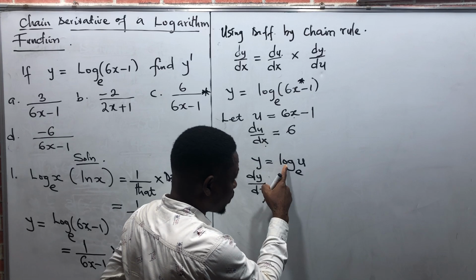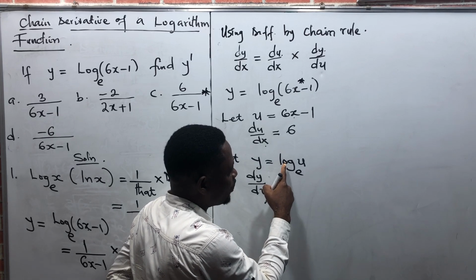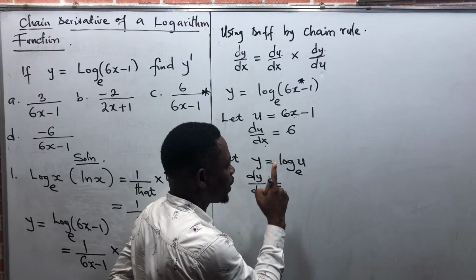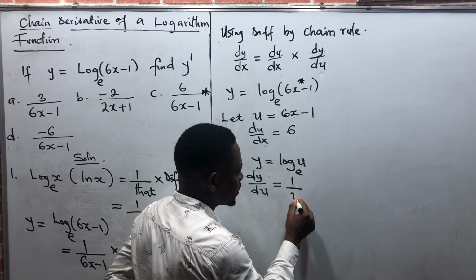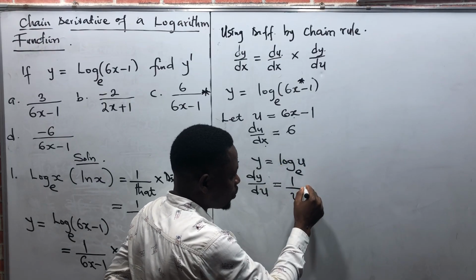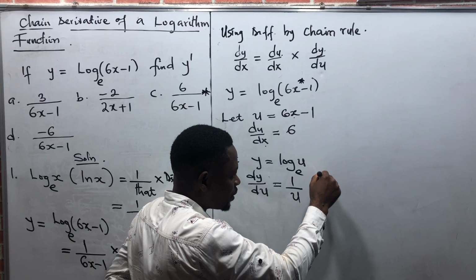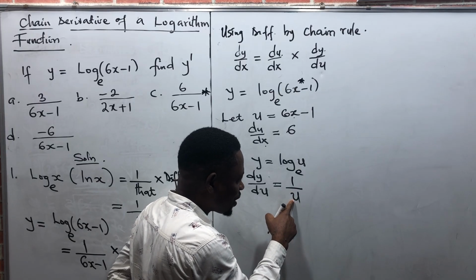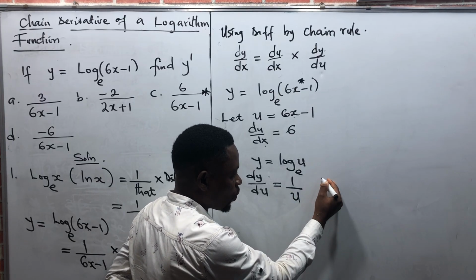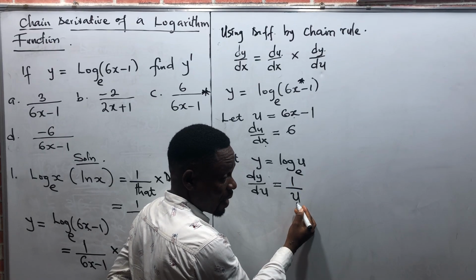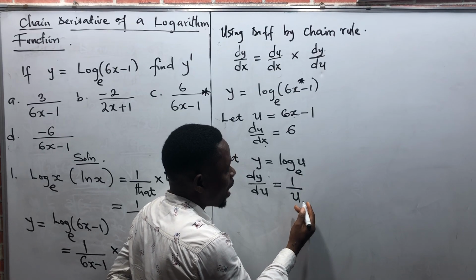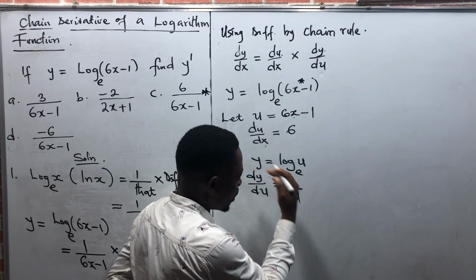I have told you before, this one has a principle: whenever you encounter log, it is 1 over that, which is u. Then you multiply and differentiate that. If you differentiate u, it will still give you 1. Then 1 times 1 will give you 1 all over u. Are you with me?